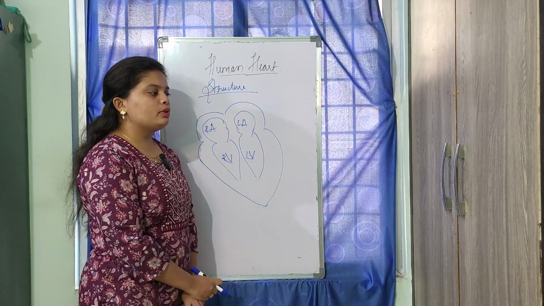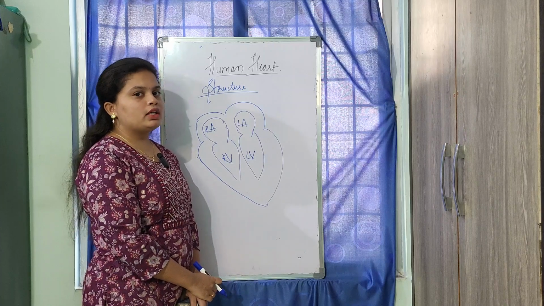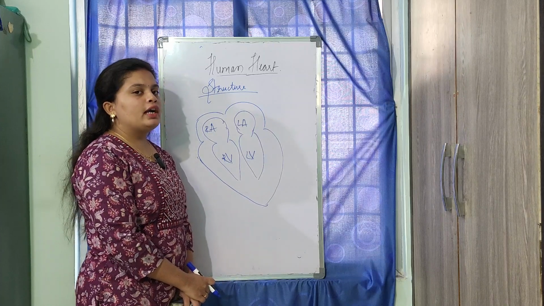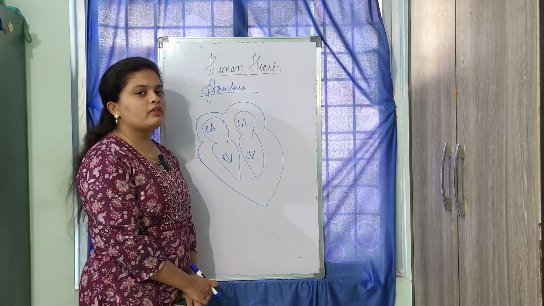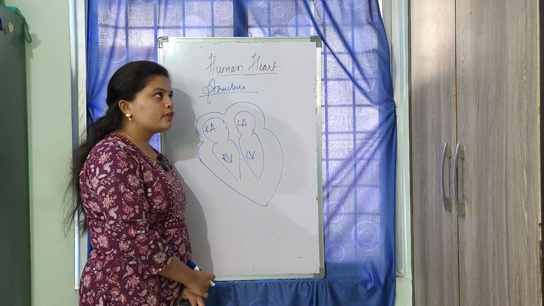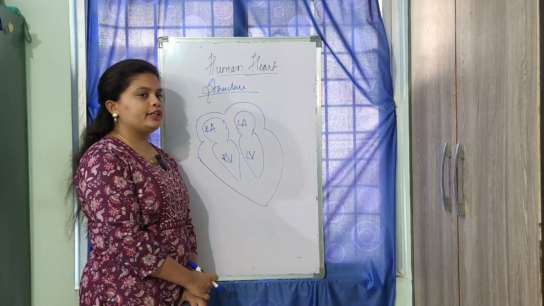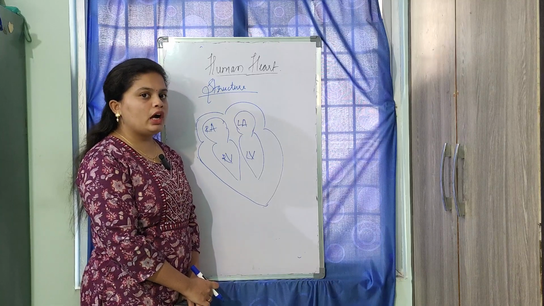When we talk about double circulation, all of the deoxygenated blood is collected from the tissues and sent to the heart via the inferior and superior vena cava to the right part of the heart. This right part will send the deoxygenated blood for oxygenation to the lungs via the pulmonary artery.